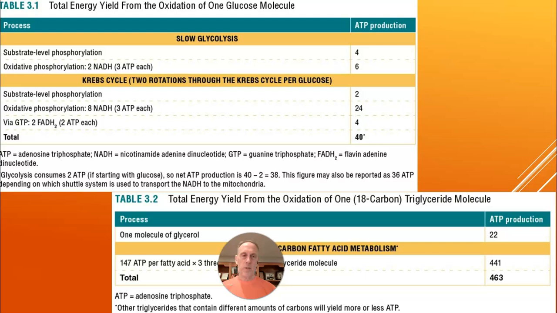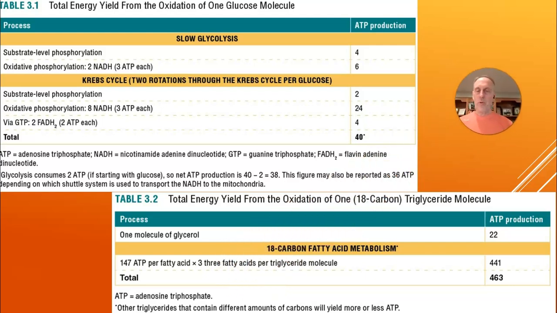Because that's such a specific setup for a quiz question. So glycolysis consumes 2 ATP. So the process itself, if we go ahead and go through and we create 40 ATP, you have to back out 2 of them. If you started with glucose, that gives us a net of 38. Just kind of remember that math for somewhere else.